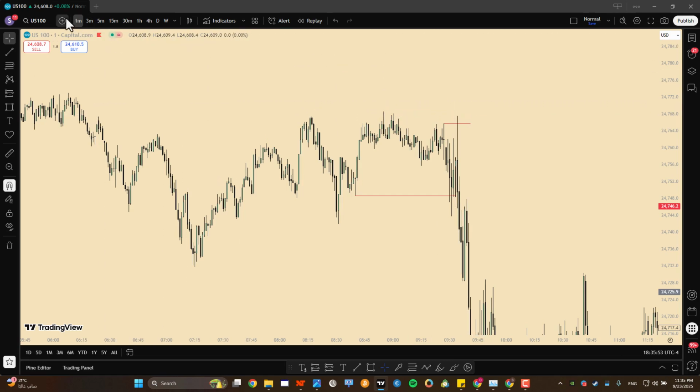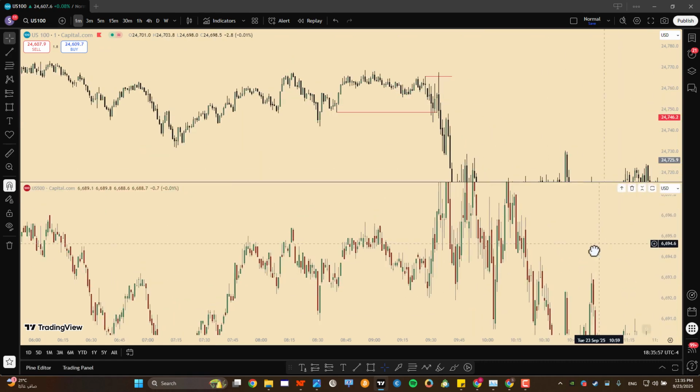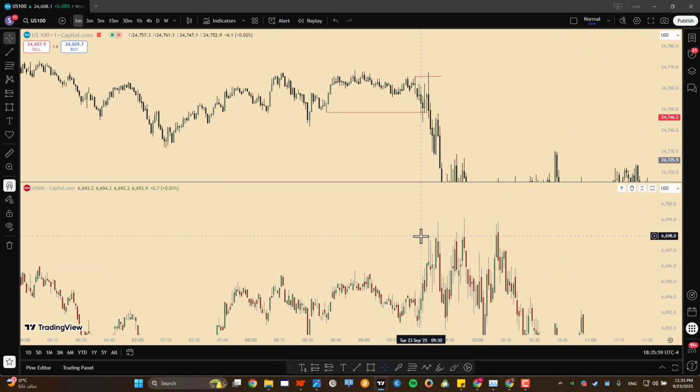Also, if we pull out the US 500 chart for more confluence, we can see that this leg right here, the manipulation leg on US 500, took all the highs from here, while on US 100 it didn't. So what is the significance of this?